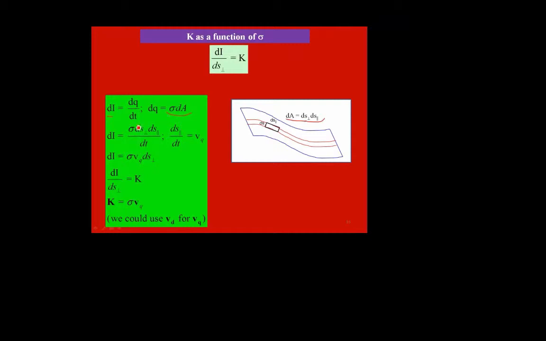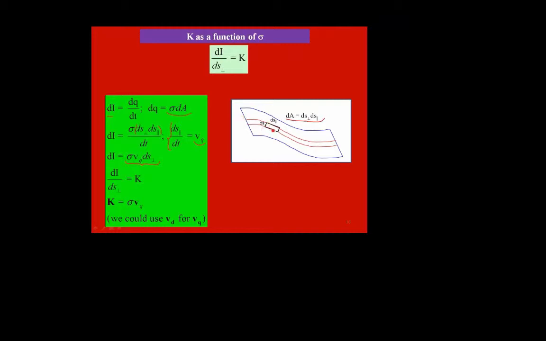So this is dA right here. We've got two differentials, but we can eliminate one by the fact that the rate of change of the distance ds parallel with respect to time is equal to the velocity of the charge. Solving for dI then, we can put in our velocity and we end up with this quantity here where ds perpendicular is perpendicular to the flow.